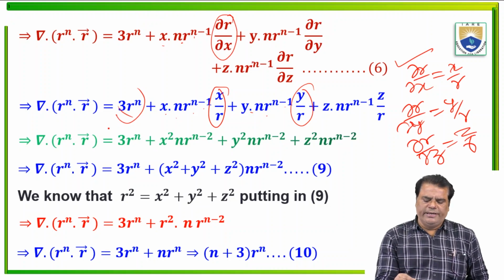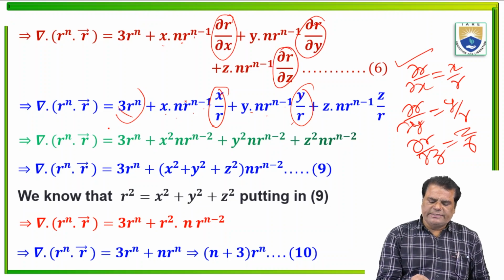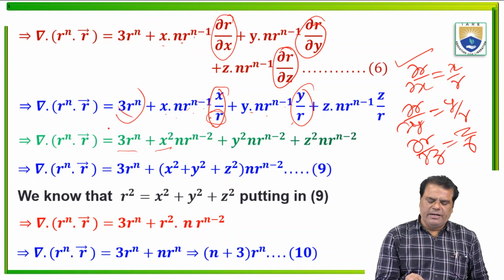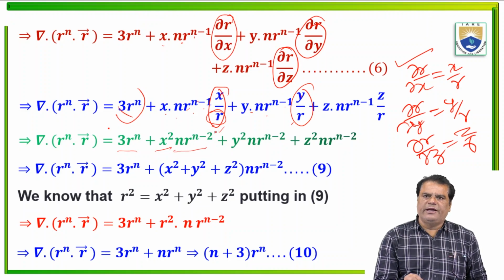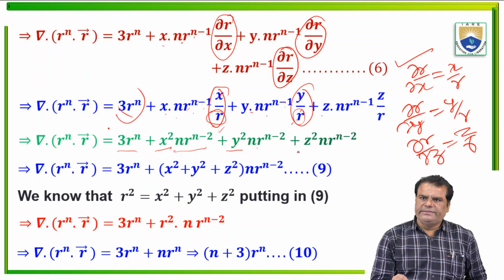This value putting here: x/r plus y/r plus z/r. So here x into x is x², 3r^n, and r^(n-1) here and 1/r. 1/r means r^(-1). So adding here n r^(n-2) plus y into y, y², and n r^(n-2), this r is upon r, n minus 2, plus z into z, z², and r^(n-2).